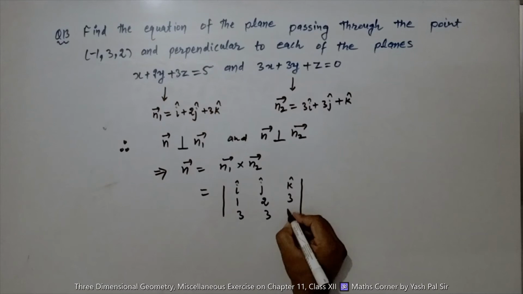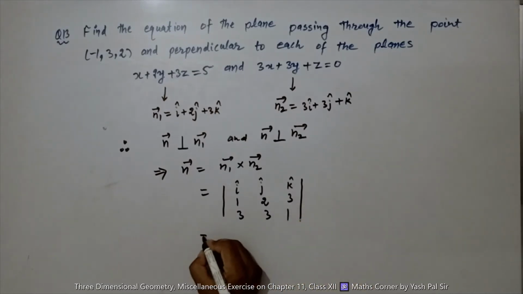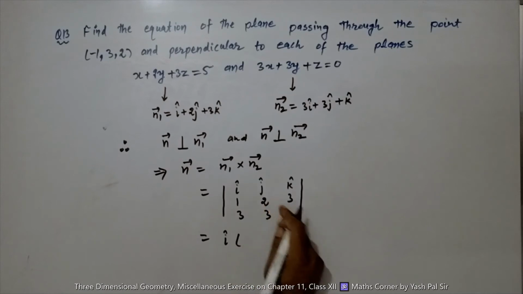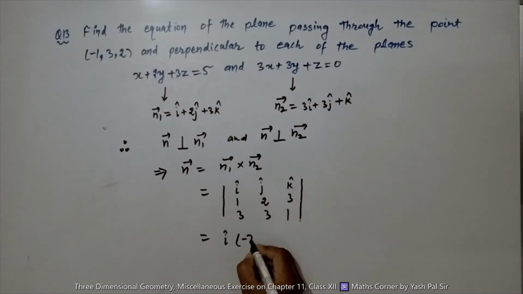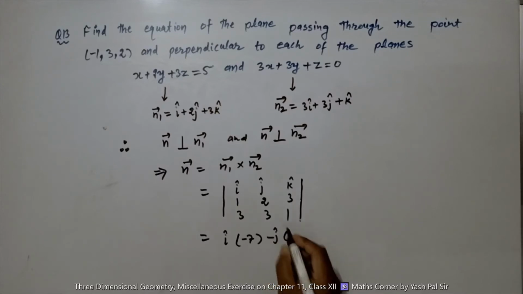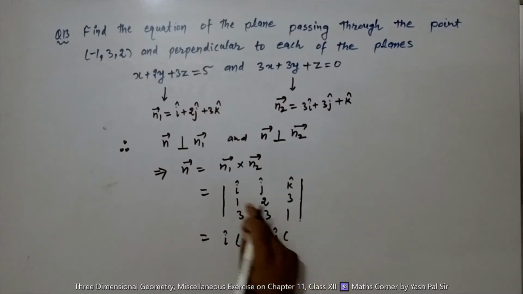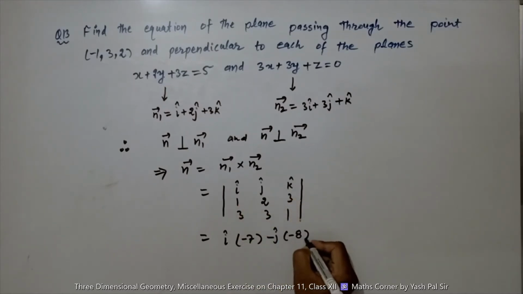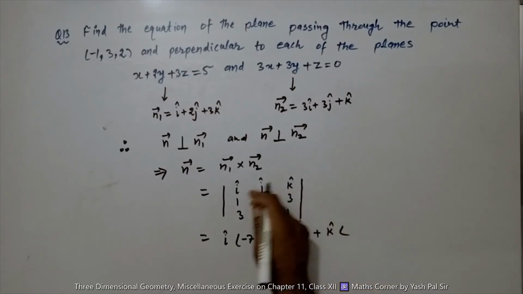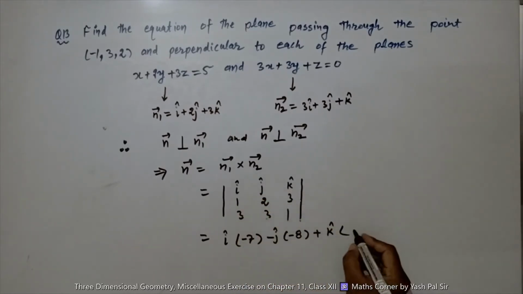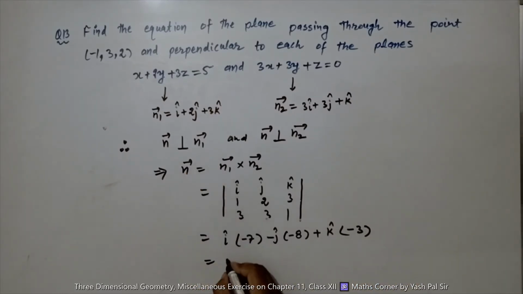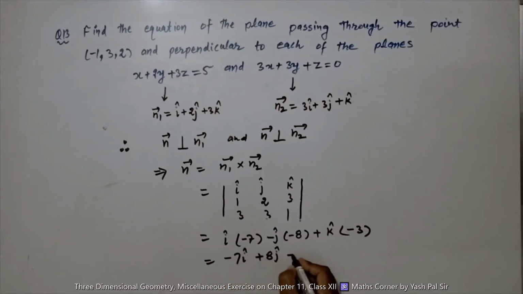Scalar components of n2 are 3, 3, 1. So this is equal to i cap into 2 minus 9 minus 7, minus j into 1 minus 9 minus 8, plus k into 3 minus 6 minus 3. So what is the normal vector n? Minus 7i plus 8j minus 3k.